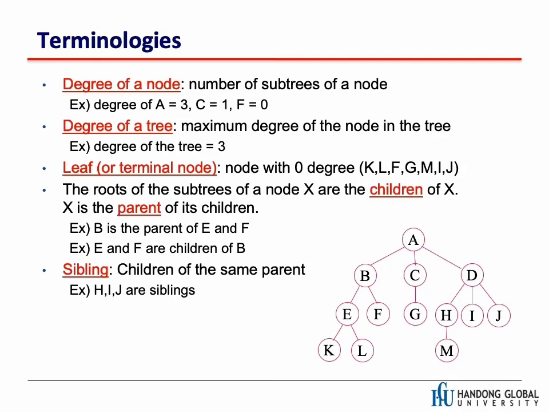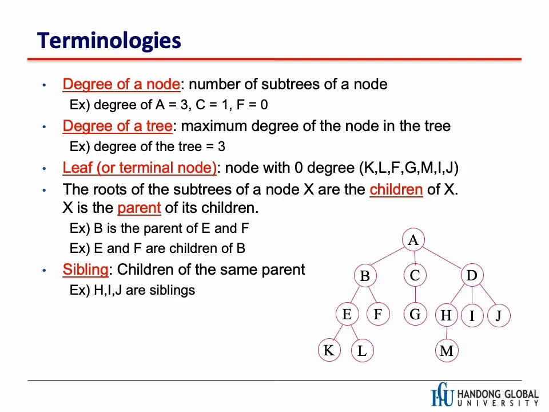The degree of node C is 1 because we have only one subtree, G. And the degree of F is 0 because F doesn't have any subtree. The degree of a tree is the maximum degree of the nodes in the tree. In this tree, the degree of A is 3 and the degree of D is 3, and we don't have any node with degree 4.